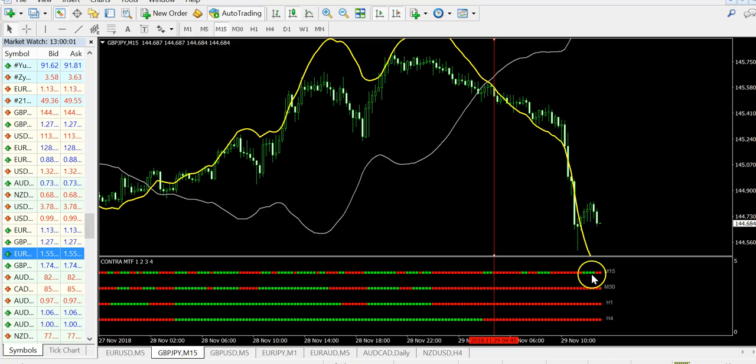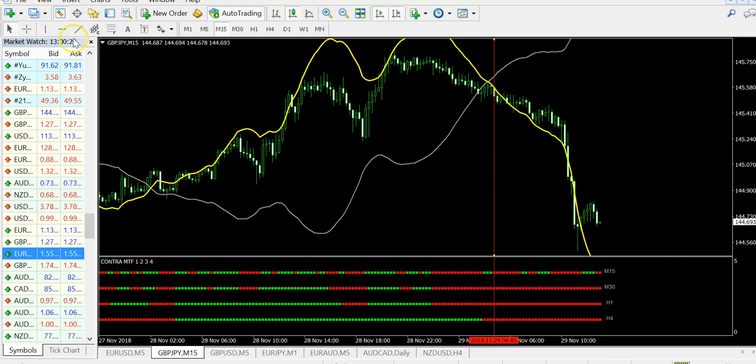So we have a green here, but we need at least 2. When you get 2 at the same time in the same row, then you will exit the trade. But for now we have only 1, and it's not enough.